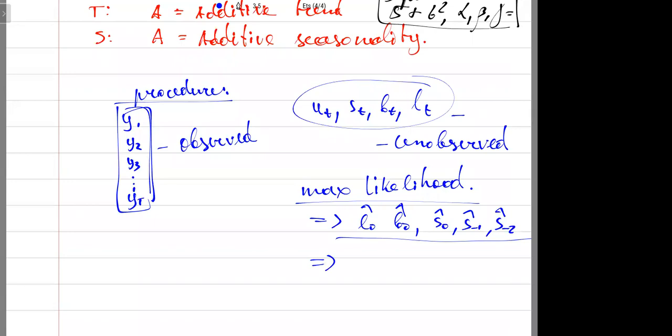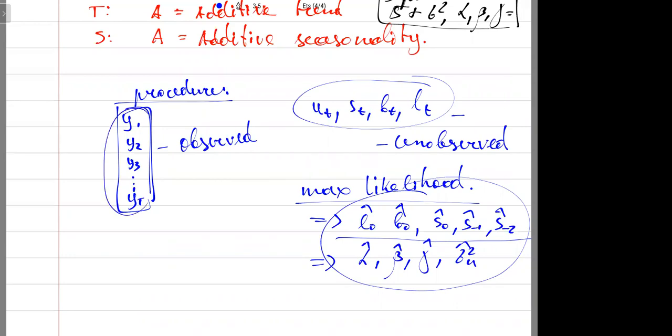And we also estimate simultaneously 4 new parameters: alpha, beta, gamma, and sigma squared U. So we use maximum likelihood and real data about Y1, Y2, Y3, YT. We have no data about UT, ST, BT, LT. So the first step, the computer estimates 9 parameters for this model using maximum likelihood.